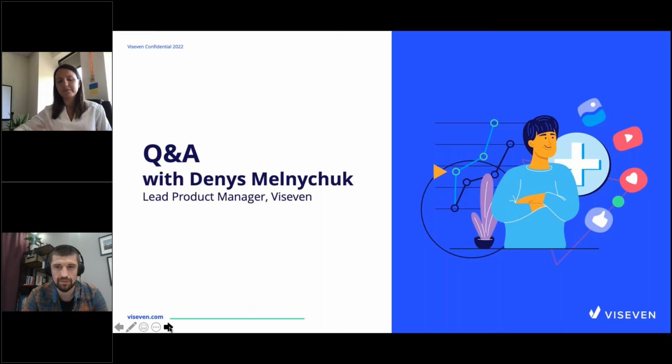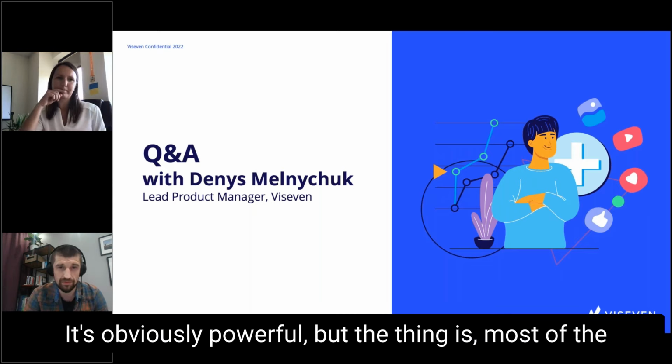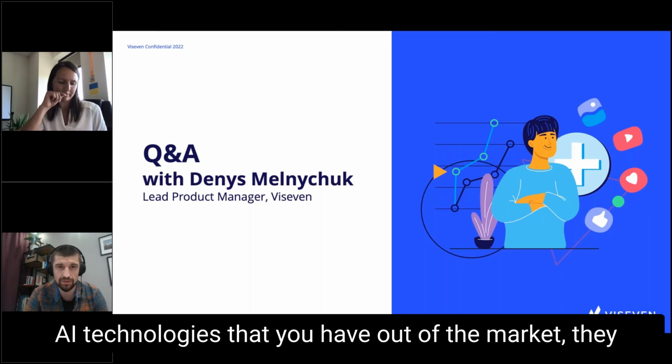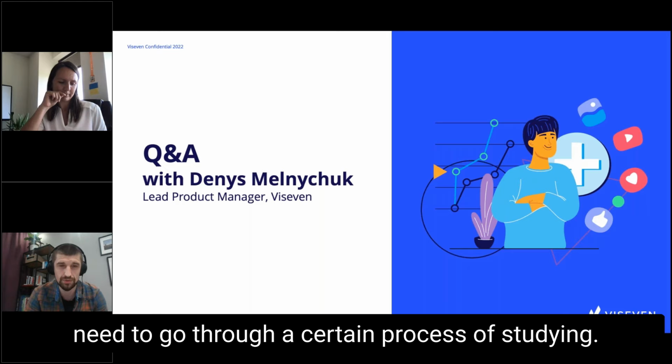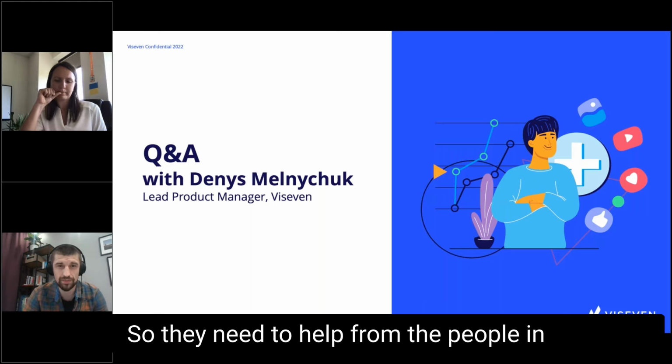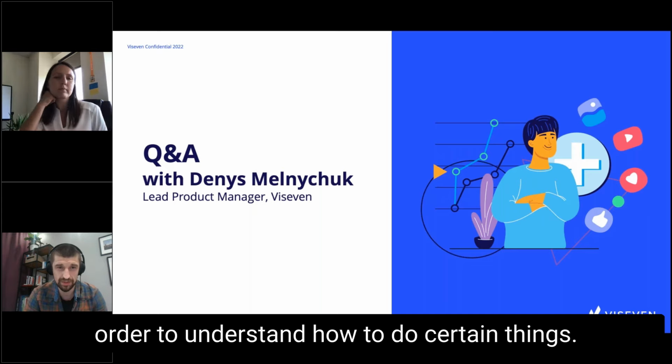Like, how powerful is that? It's obviously powerful, but the thing is, most of the AI technologies on the market need to go through a certain process of study. They need help from people in order to understand how to do certain things.